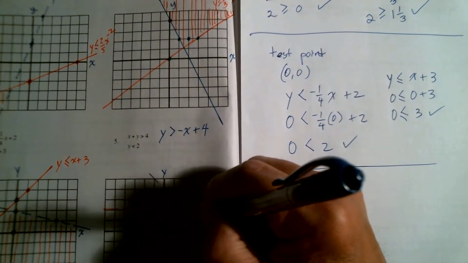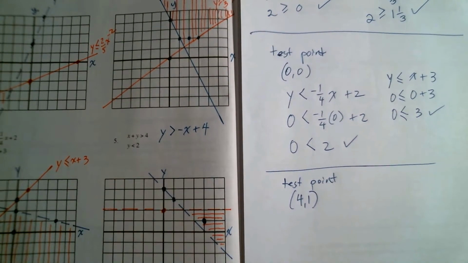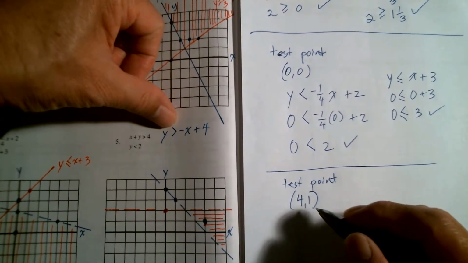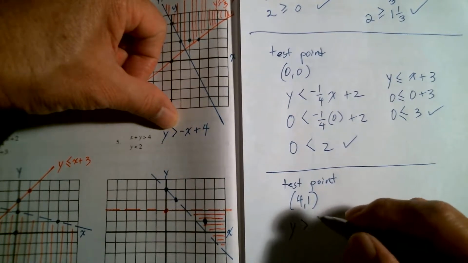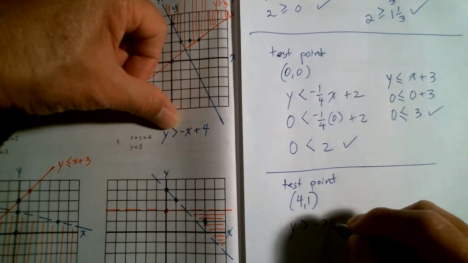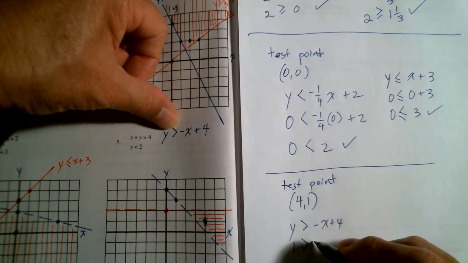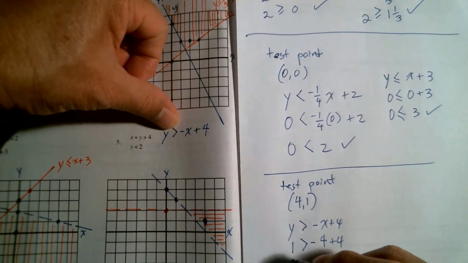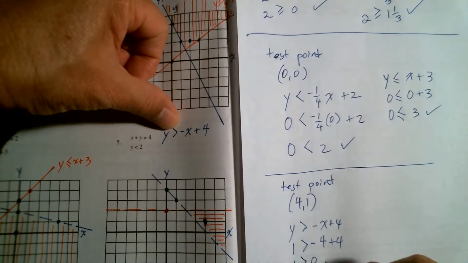Would be right here. So if I'm correct, it should satisfy the two inequalities. Let's see. The first one, 4, 1. So the point is 1 there, greater than negative 4 plus 4, which will give us 0. 1 is greater than 0, that's true.